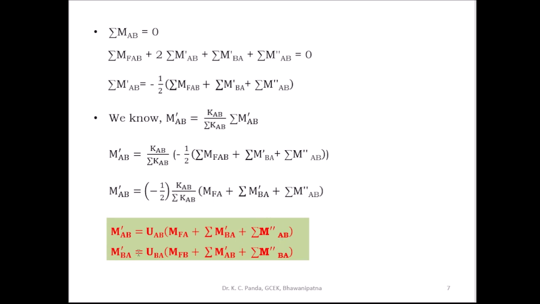Similarly, M dash BA can be determined as UBA into MFB plus summation of M dash AB plus summation of M double dash BA. So by using this formula, you can find out the near end rotation moment of the member of the frame when translation of joints takes place.